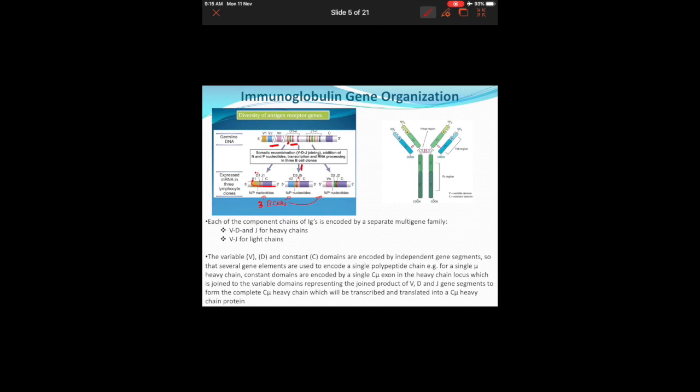After that, the V exons are joined to the DJ combination.